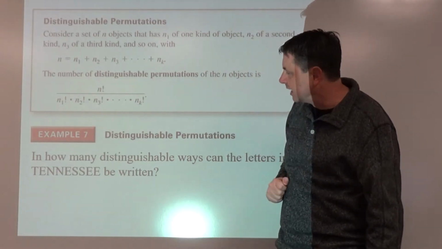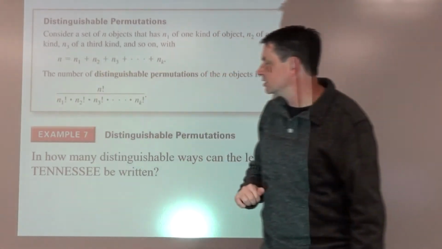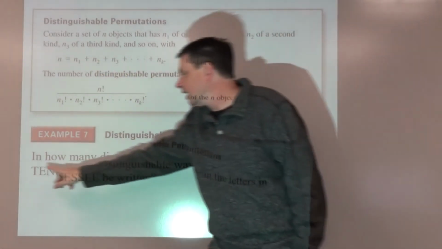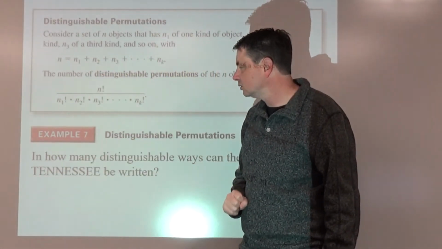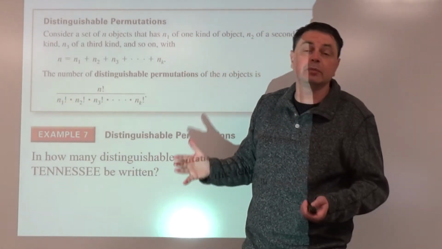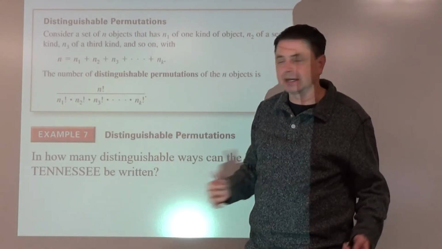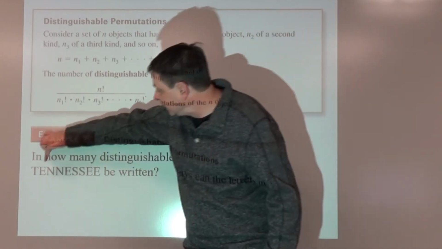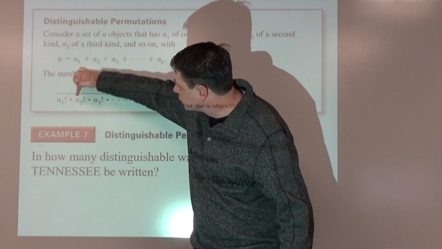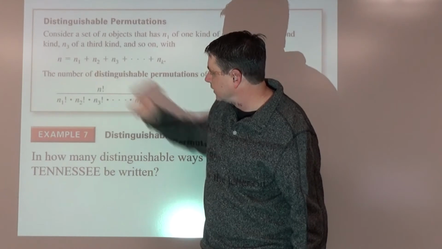All right, so how many letters do we have? We've got 9 letters. That's going to go on top. Divide by: how many T's do we have? 1. So divide by 1 factorial. If we don't put that, not a big deal, because 1 factorial is just 1, and dividing by 1 is not going to change anything. How many E's do we have? We have 4, so 4 factorial. How many N's? 2, so 2 factorial.